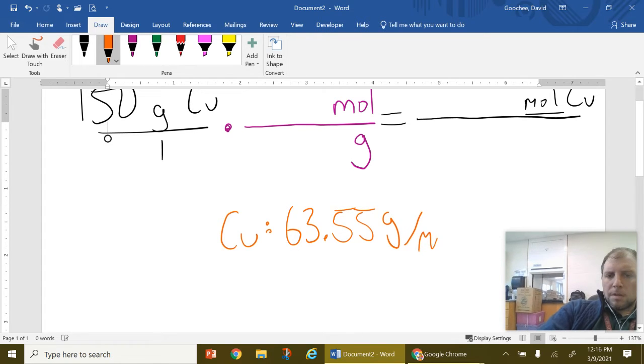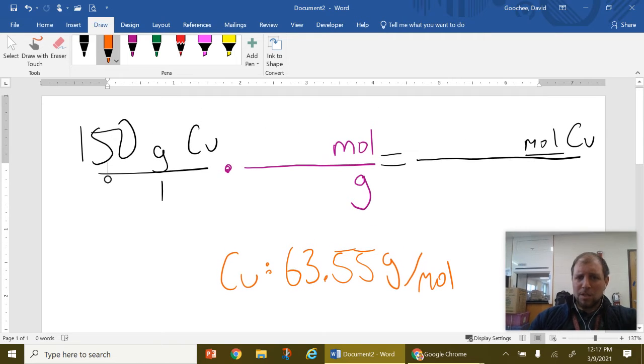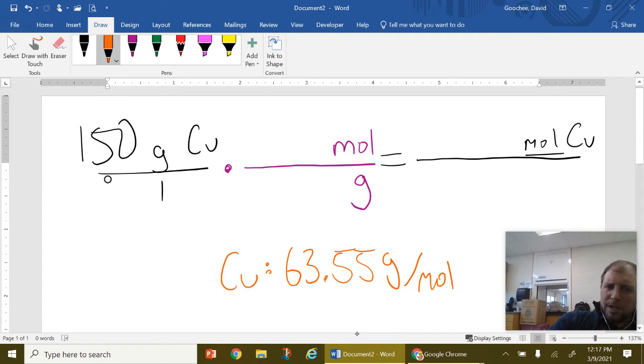That means for every 1 mole of copper, for every 602 sextillion copper atoms, it weighs 63.55 grams. 63.55 grams is 1 mole of copper, and 1 mole of copper is 63.55 grams. So when it comes time to plug the numbers in, 63.55 is going to be on the bottom because grams is on the bottom, and that's 1 mole of copper.